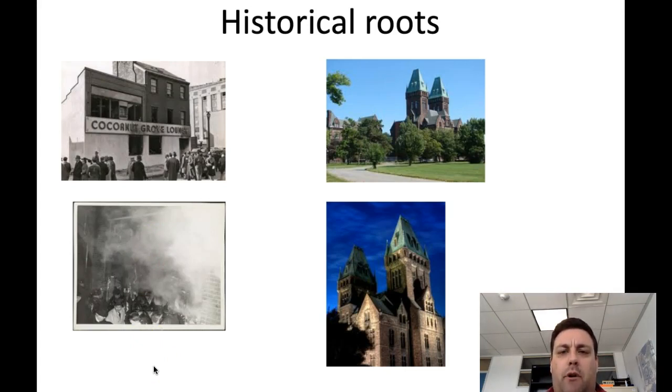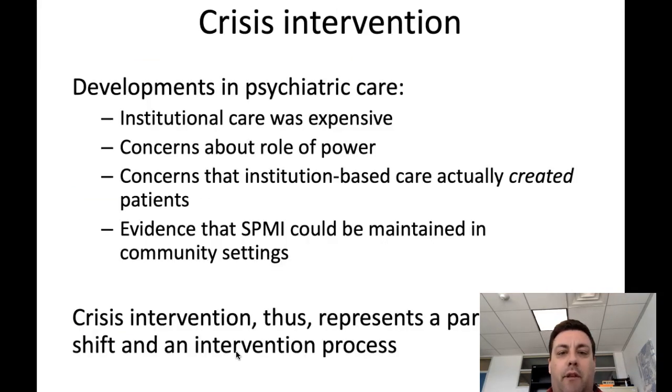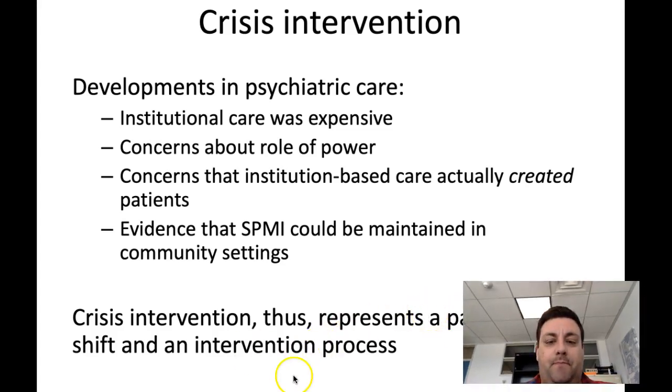But these psychiatric facilities were often state-run. They were large. They were in park-like settings, and that's because in the 30s, 40s, and even before then, that was understood to be the best way to care for people with severe mental illness.